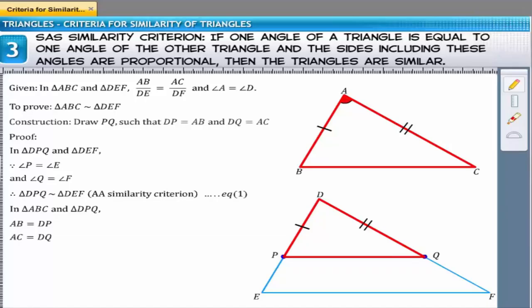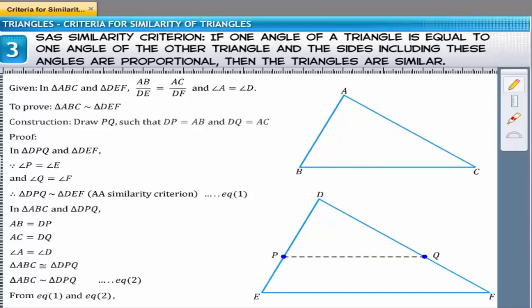It is given that angle A is equal to angle D. Therefore, by the SAS congruence rule, triangle ABC and triangle DPQ are congruent. Let's call this equation 2. From equations 1 and 2, we get triangle ABC is similar to triangle DEF.